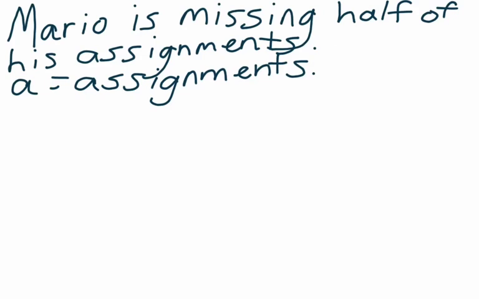Mario is missing half of his assignments. If A represents the number of assignments, write an expression to show how many assignments Mario is missing. So first we're going to underline the key words that we see here. So what do you think the key word would be in this situation? Half. Okay. So what does half indicate?